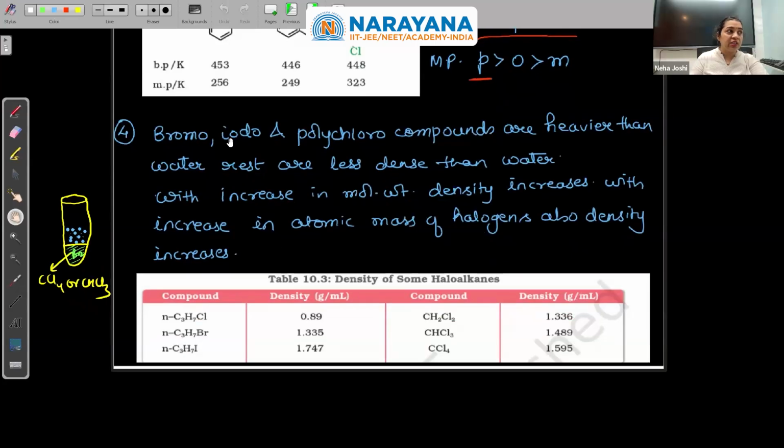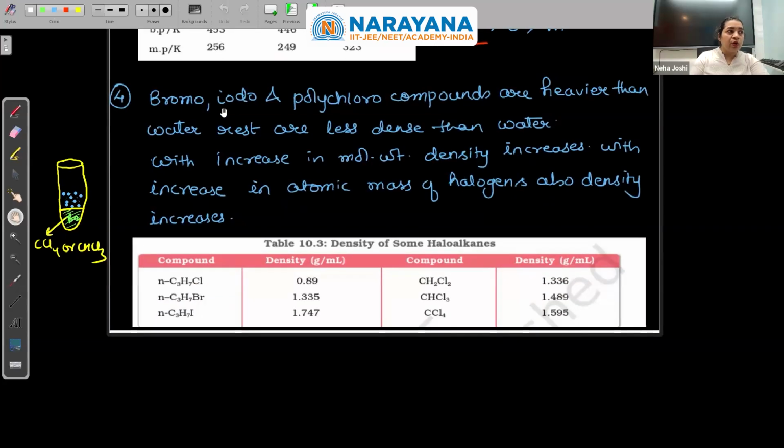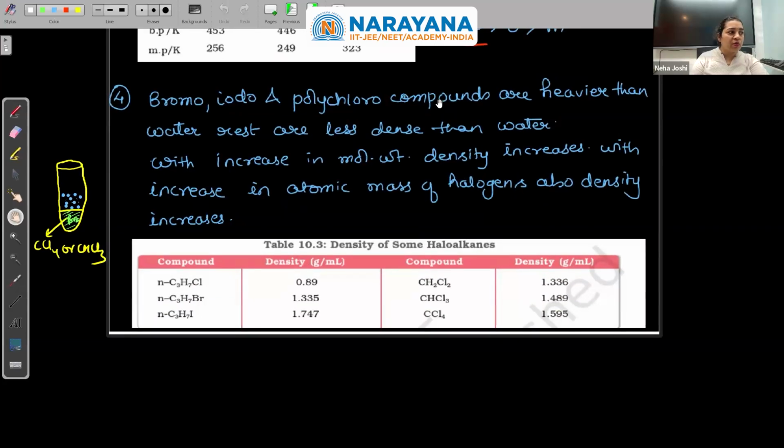We are leading to density. Bromo, iodo, polychloro compounds. Repeat, bromo, iodo and polychloro. See bromo 1.335, iodo 1.747, and all polychloro, CH₂Cl₂, CHCl₃, CCl₄, all.